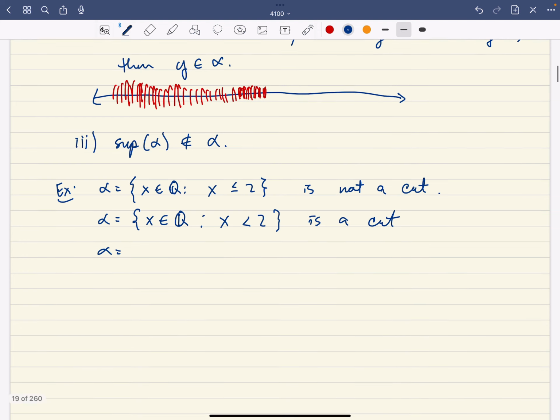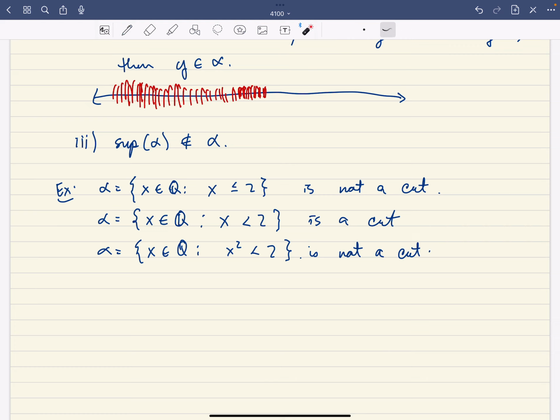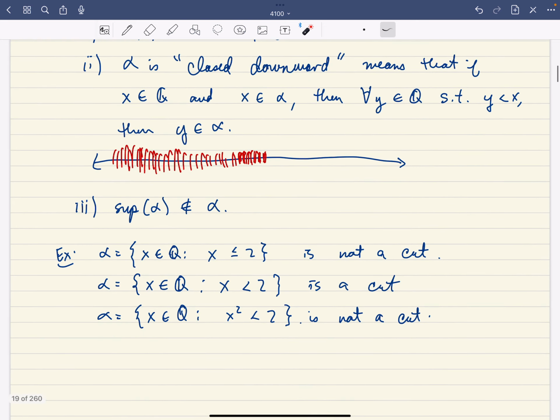If I talk about the set of rational numbers where x squared is less than 2, the supremum of the set doesn't exist, so it's not an alpha, so that part's fine. But it's not a cut because it's not closed downward. Okay, this is actually a bounded set. It's bounded above and below. The bounded below part is the problem. Okay, this doesn't satisfy property 2. It's not closed downward.